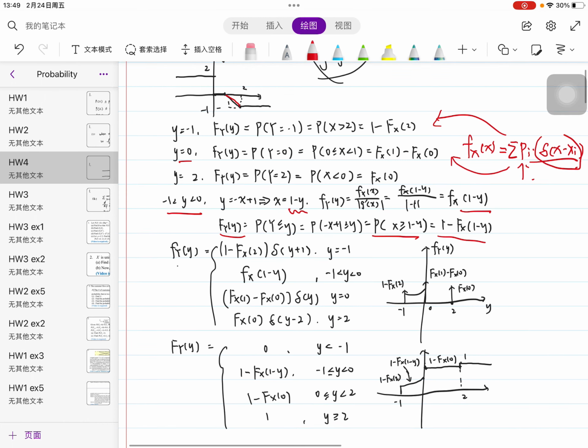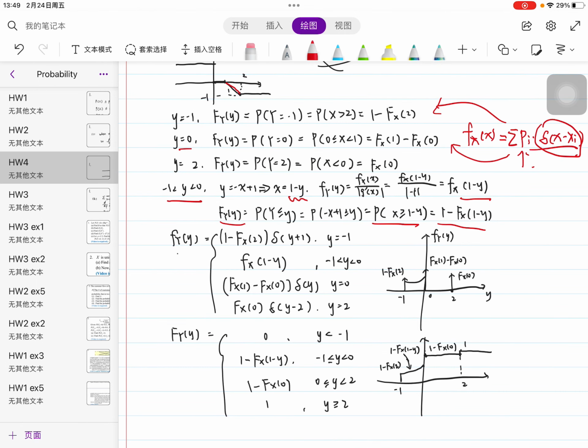So we can just multiply every point by the delta function to get the density function of Y. For Y equals -1, we just multiply by the delta function at Y equals -1, so we get the density function of Y at this point. Similarly, we can get the density function values for Y equals 0 and 2, multiplied by the related delta function here.